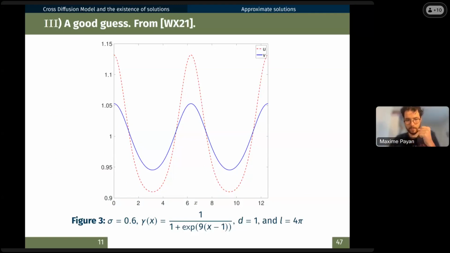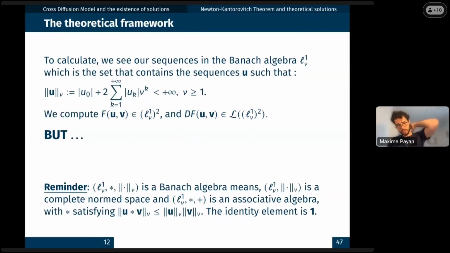Okay. So now this is the question of how we can get theoretical solutions, because all in green were numerical solutions. So we put in a theoretical framework.